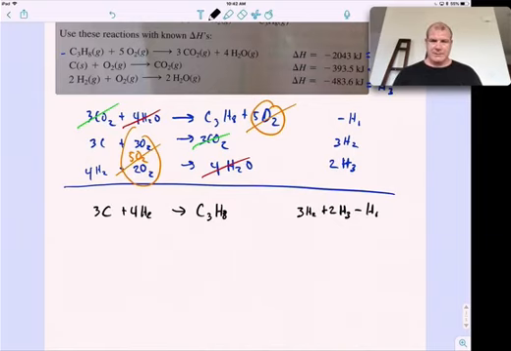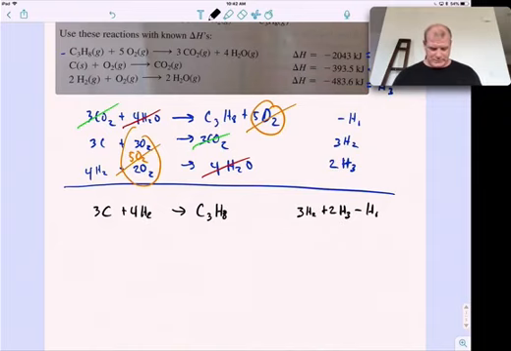So let's see here, 3 times the quantity negative 483.6 plus 2, so that's 3 times, oh wait, I got H2, wait a second, I got it backwards.